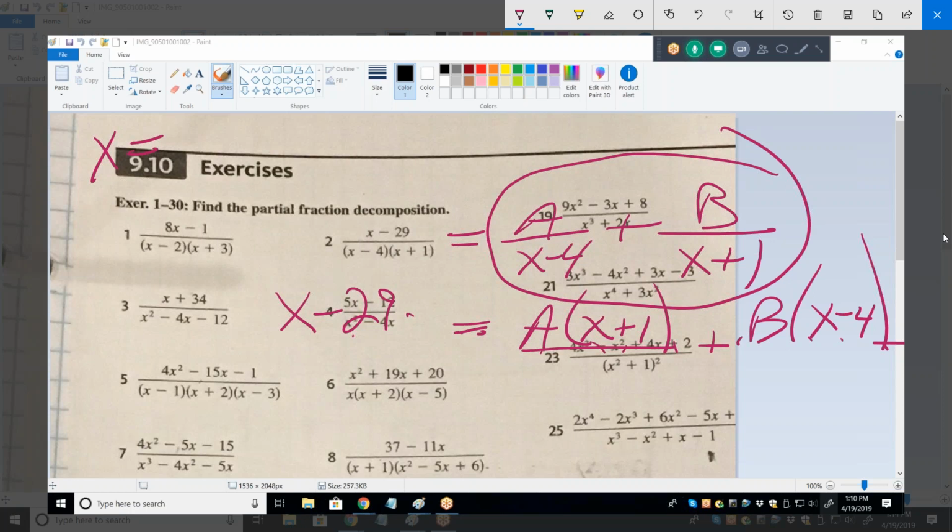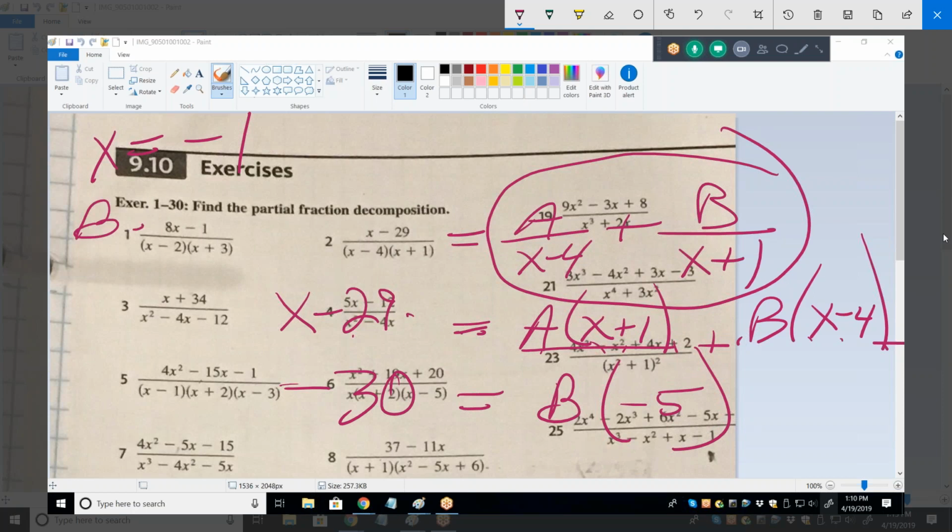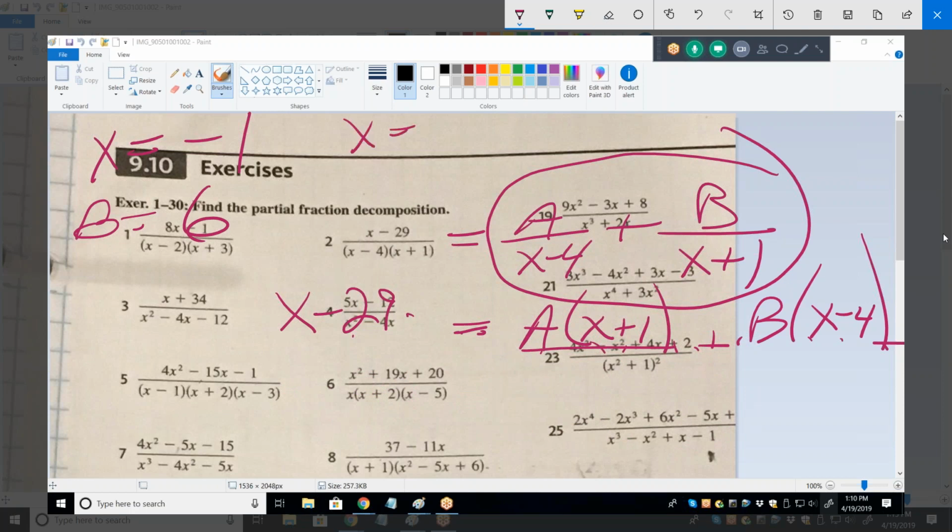Negative 1. So I got negative 30 equals B times negative 5. What's B equal to? 6. And what are we going to choose for x to solve for A? 4. So when x is equal to 4, we have minus 25 is equal to 5A.